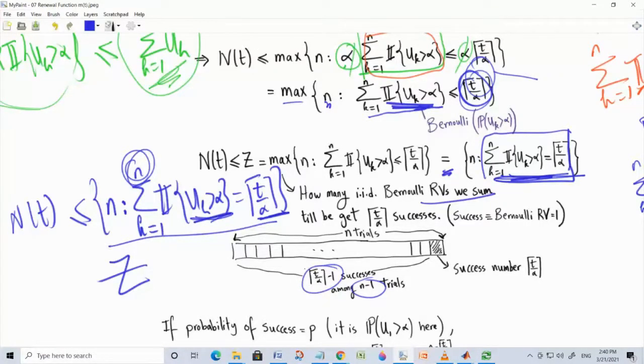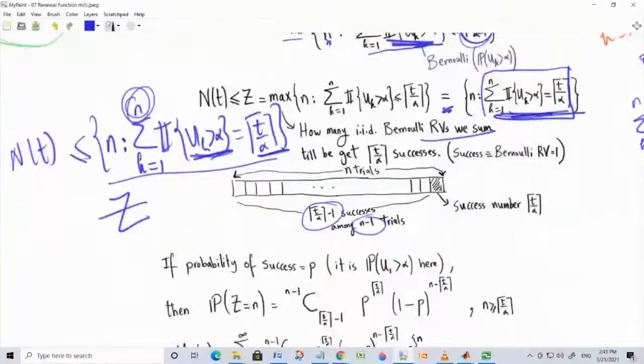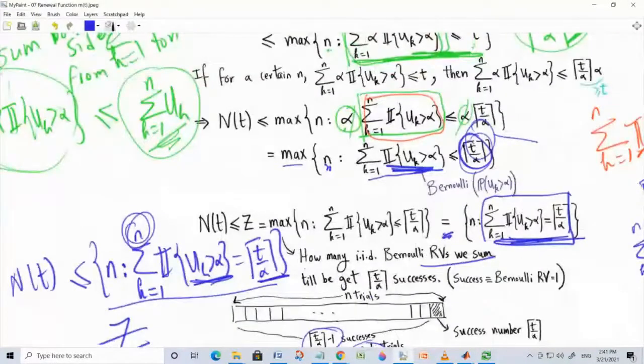Now, there are 2 ways to go from here. Here I pretended as if we know nothing about this random variable, but it is actually a famous random variable called the negative binomial distribution. If you think about it, it's a basic probability question.